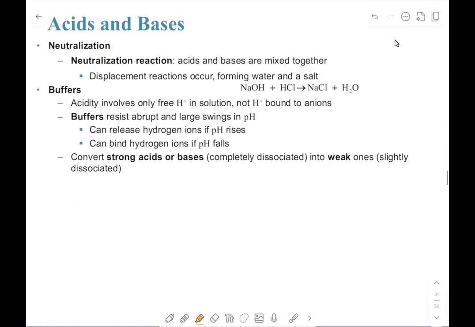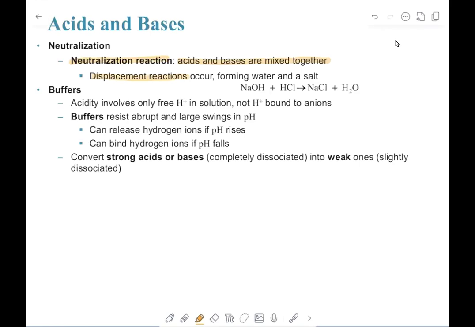So when we combine an acid with a base, when they are mixed together, that's what's called a neutralization reaction, and a displacement reaction occurs, which was that exchange reaction. But it's a double exchange reaction here. So think of two couples going to the prom and they switch partners.